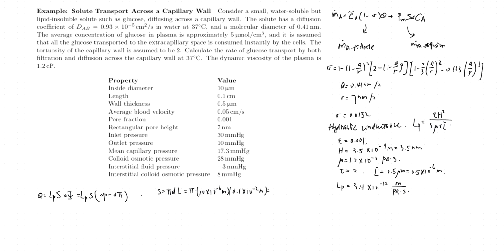So let's see what it will give us. It will give us 3.14 times 10 to the minus 8 meters squared. Okay, now we are ready to figure out Q.